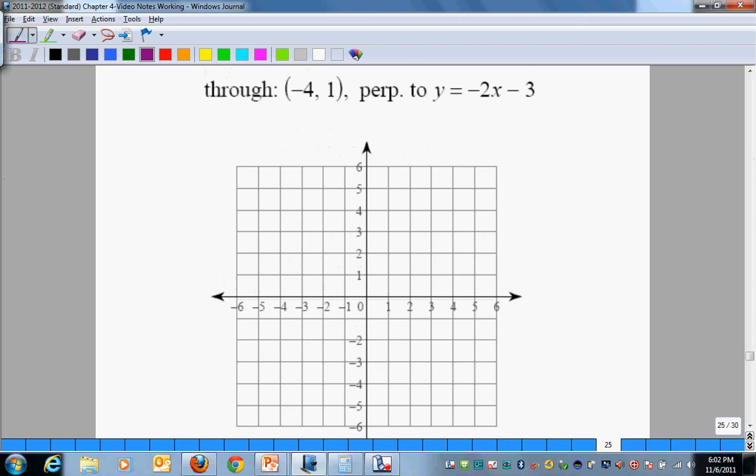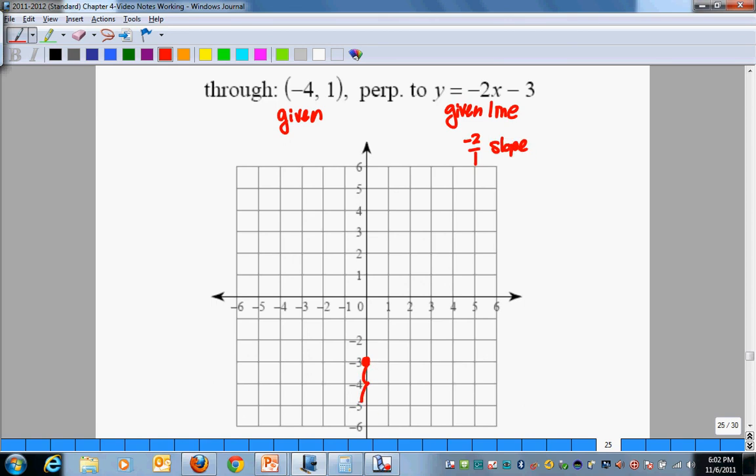So first, let's graph our given line. This is our given line. And this is our given point. So we have -3 as our y-intercept, and -2/1 is our given line slope.